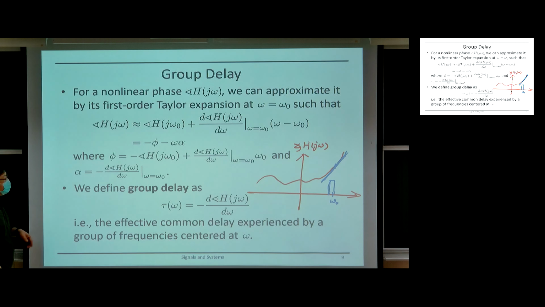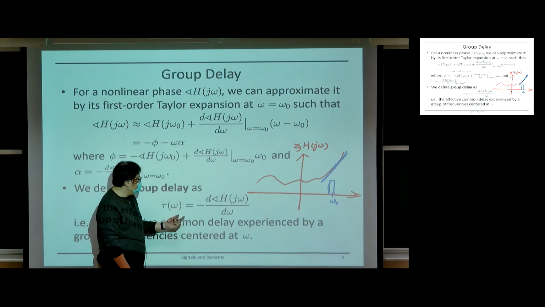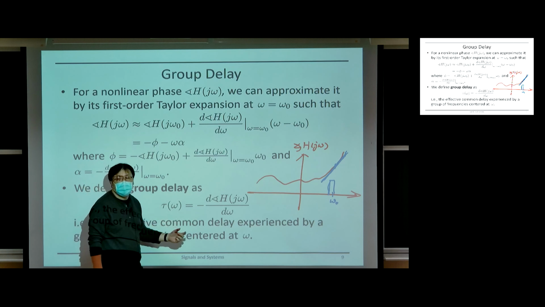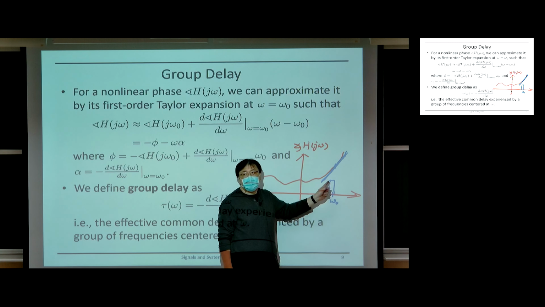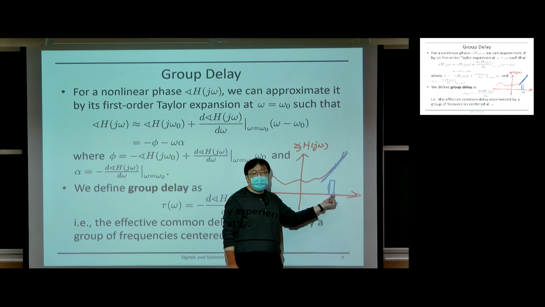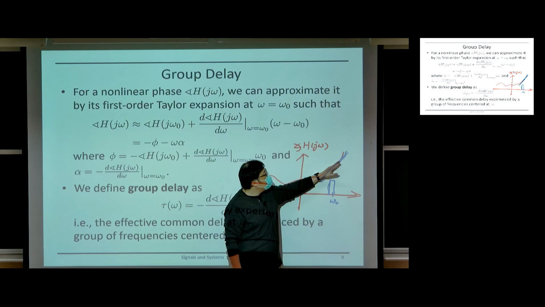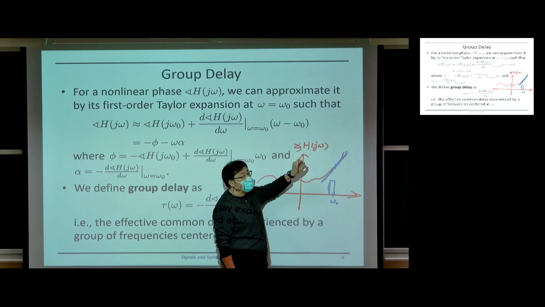So again, what is group delay tau of omega? The group delay tau of omega tells us how much the frequency component around omega is delayed due to this nonlinear phase of the system.